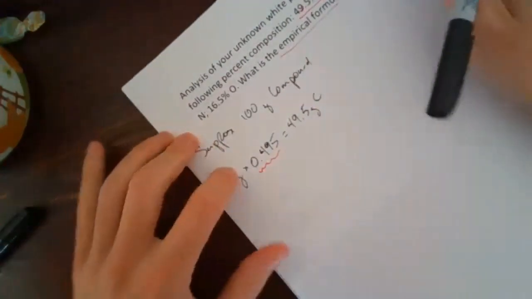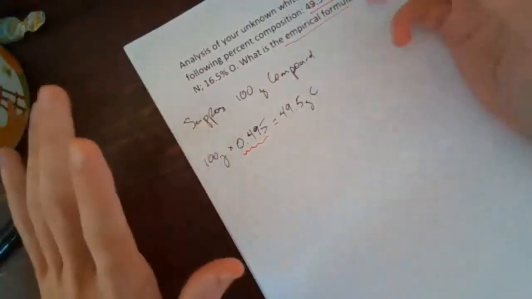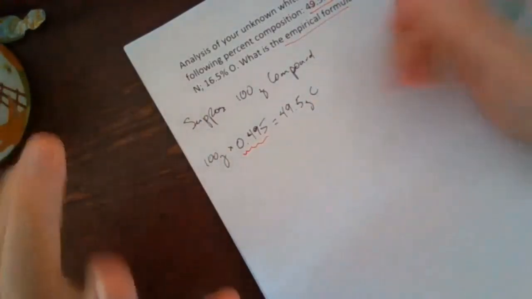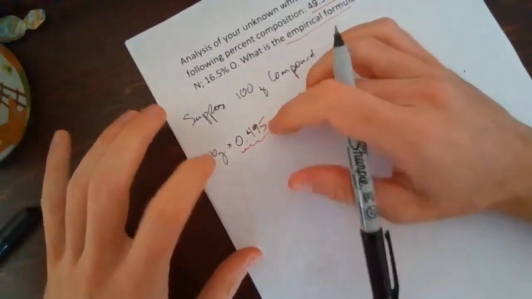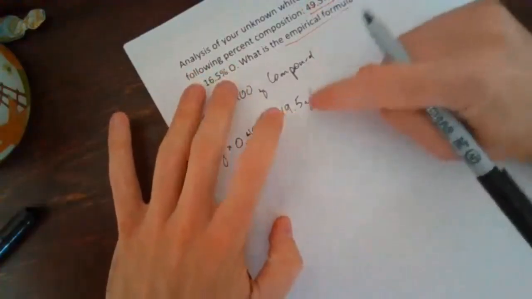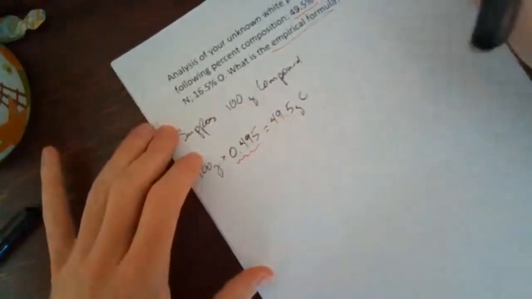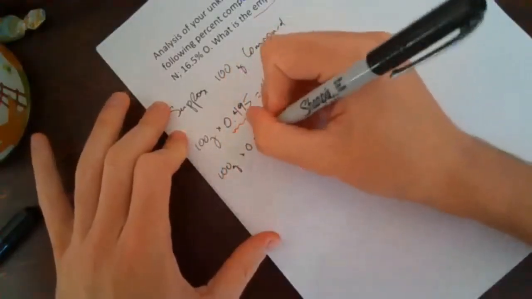The reason I choose 100 is because it makes it easier. If you chose a different number, like 3,000 grams or 26.254, you could do that, you just have to actually calculate that out. But because we use 100, we can just take the value of the percent and change it to grams of that.